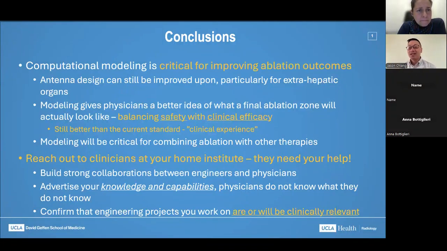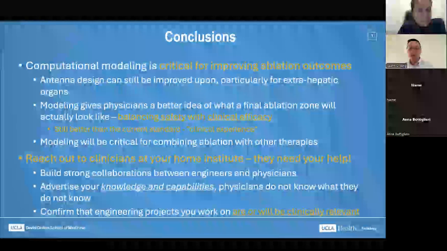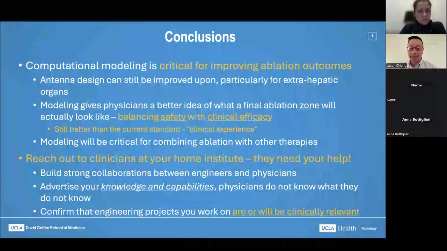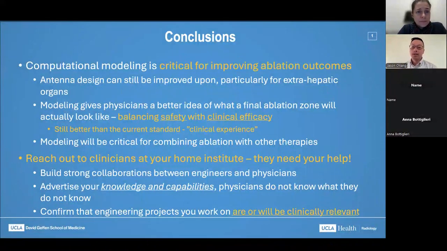These ex vivo versus in vivo models don't really work that well. It has to come from the clinician side, and it's up to you, as the engineers, to inform the clinicians that what you have right now is not enough and it's not safe for the patient. So I think it's a very big unmet need for this kind of collaboration.